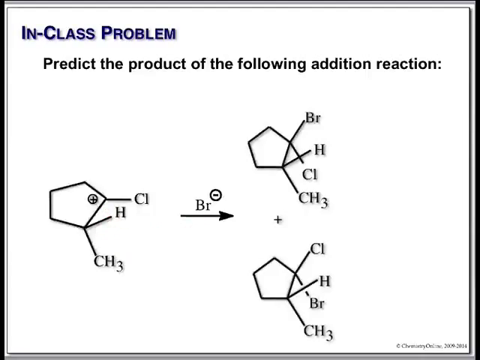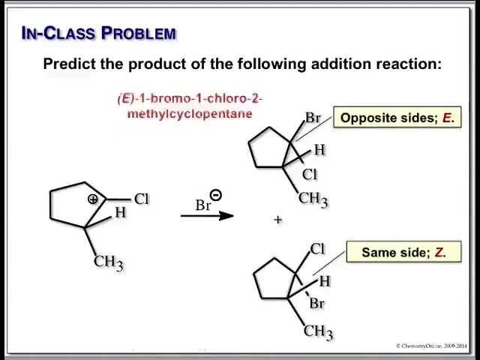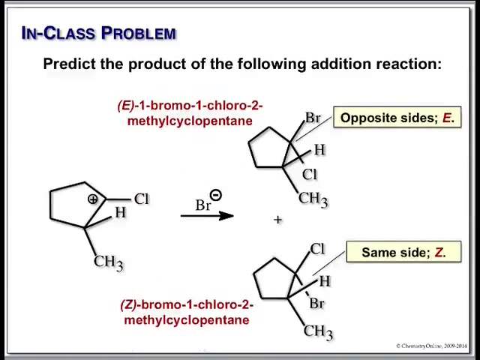If you came in the bottom, you would have to battle this methyl, wouldn't you? The methyl would be in the way. Methyl is big, bromine's big. Coming in the top, all you have to battle is the hydrogen, much, much less. Because of that, this is the major product.